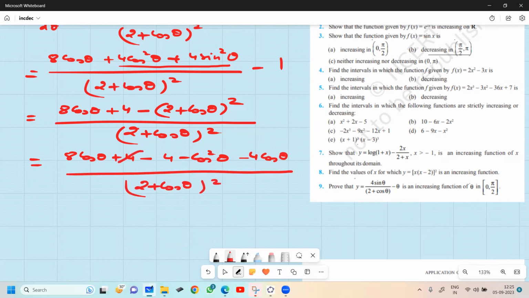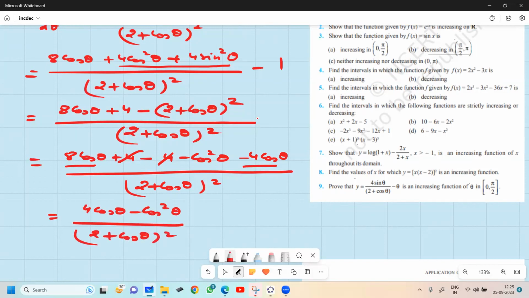So this plus 4 minus 4 cancel. 8 cos theta minus 4 cos theta is 4 cos theta, minus cos square theta, upon (2 plus cos theta) whole square. Now, if I take cos theta common, this is cos theta times (4 minus cos theta) upon (2 plus cos theta) whole square.